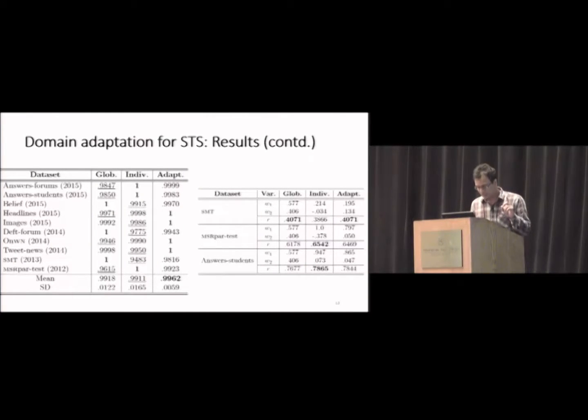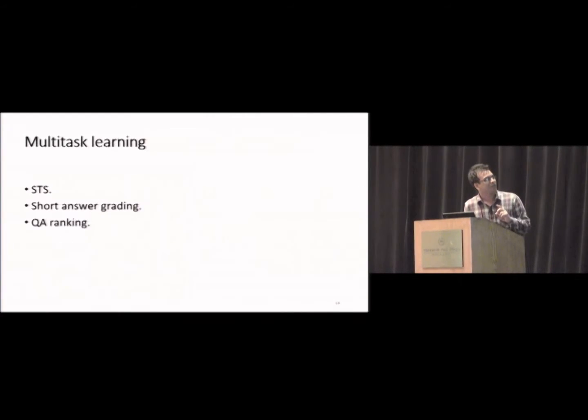Okay, this I'm going to skip for now, and we'll come back if we have time later. So then we wanted to see how this model performs on multitask learning. The setup here is that within the Bayesian hierarchy, we want to add one more level so that we can build a single model for all three tasks, and so that this model can adapt to the requirements of all these tasks.